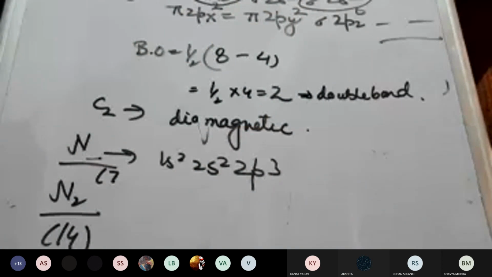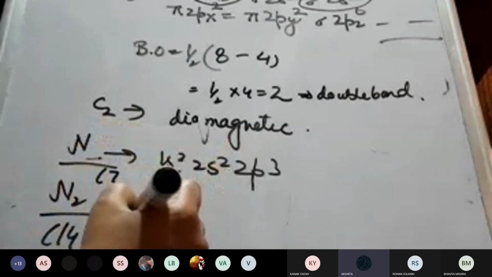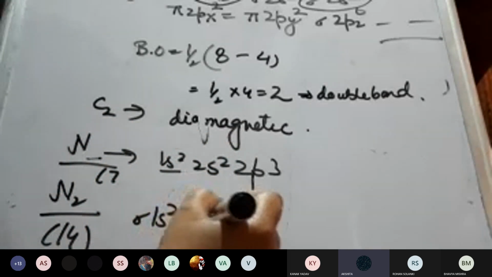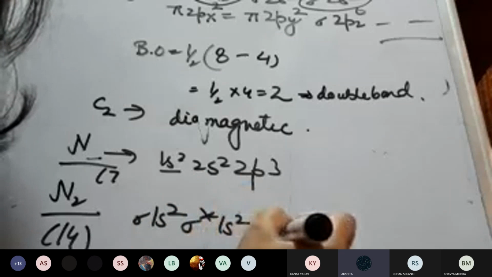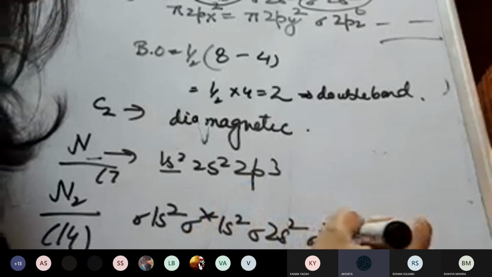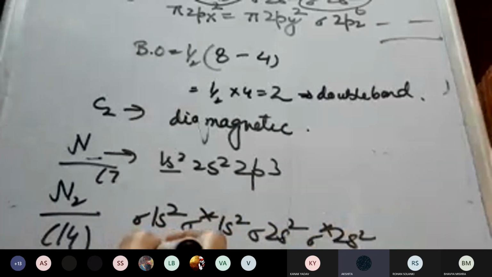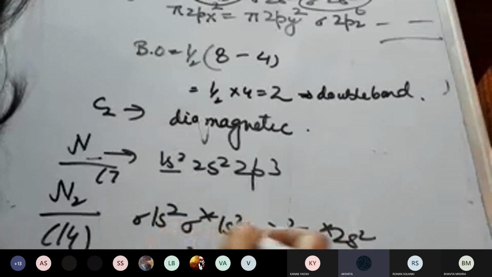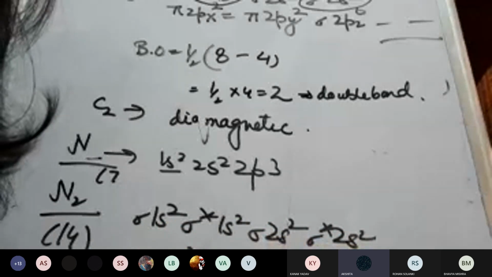You can take help. Ma'am, sigma 1s2, sigma star 1s2, 2s2, sigma star 2s2, and then pi 2px2 equal to pi 2py2 and sigma 2pz2.